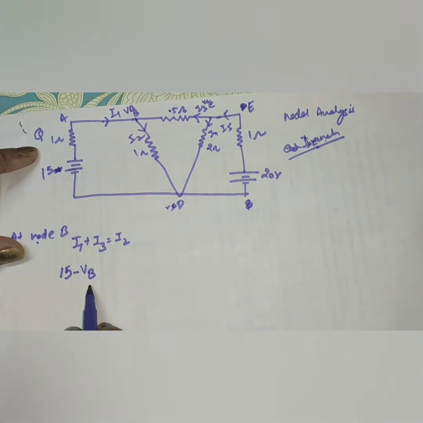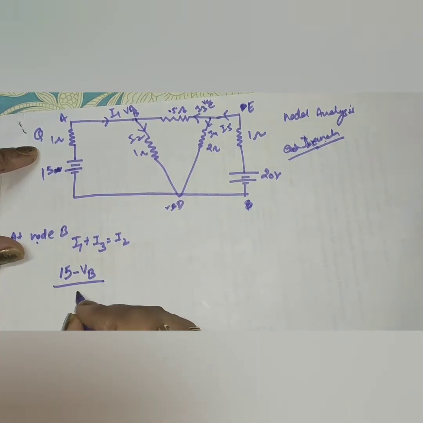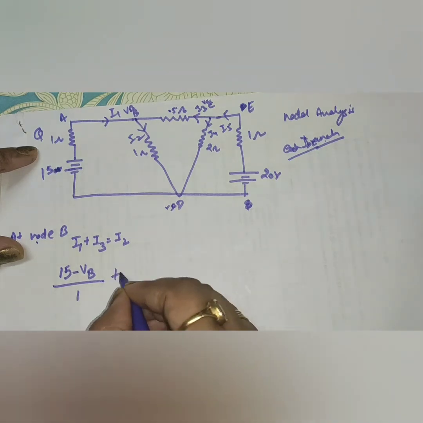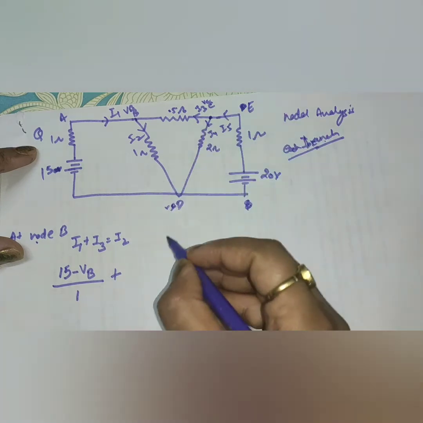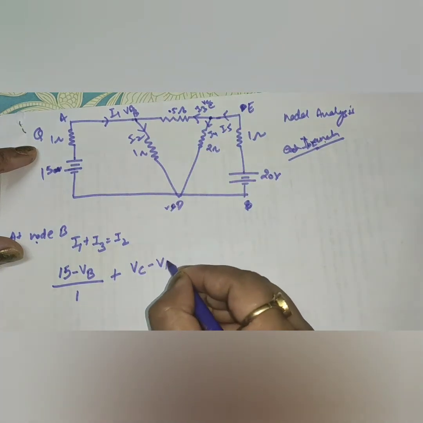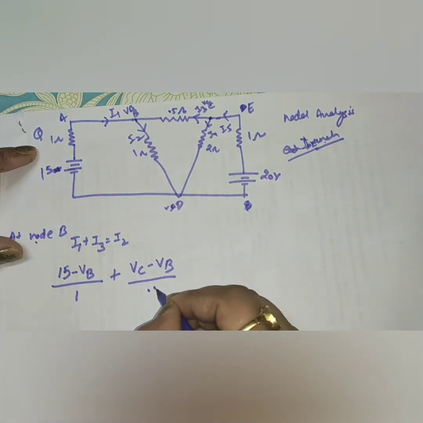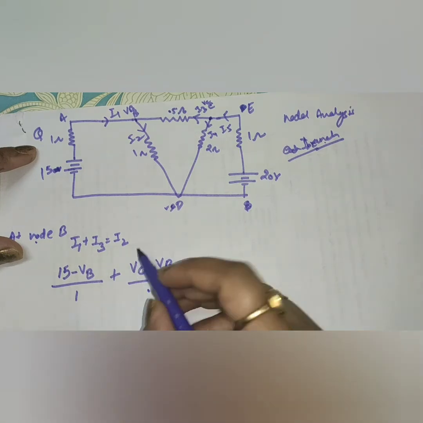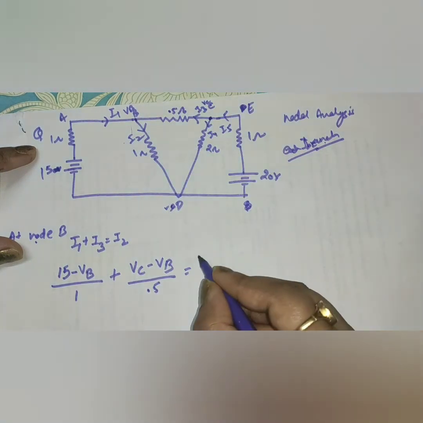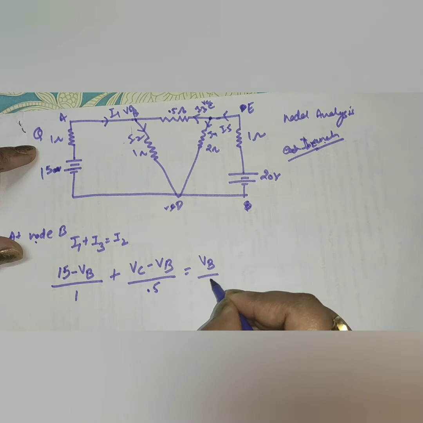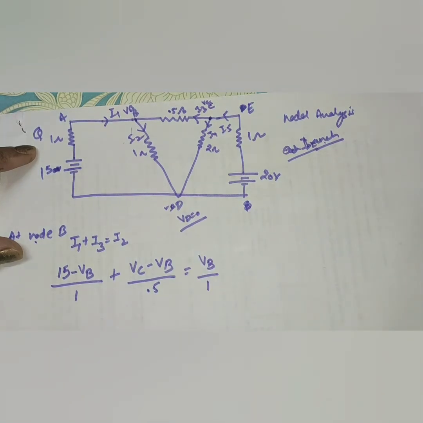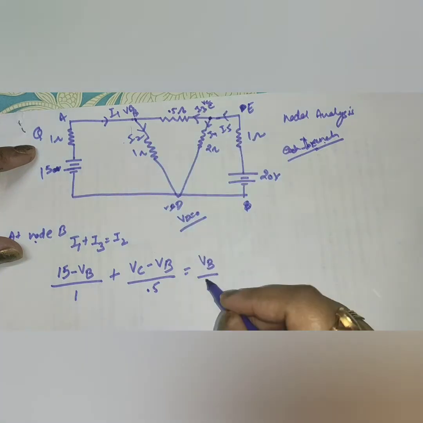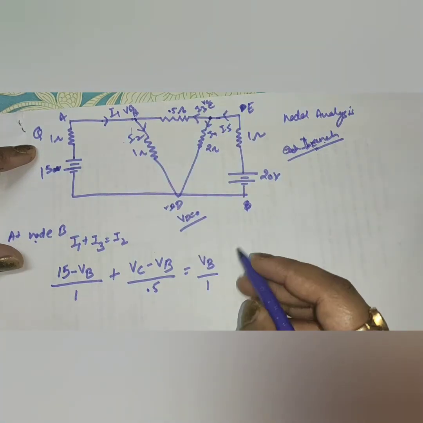Plus I3, I3 will be VC minus VB upon 0.5, equals I2. I2 will be VB upon 1, and VD is taken as the reference node. So VB minus VD upon 1, where VD is equal to 0. That will be like this.